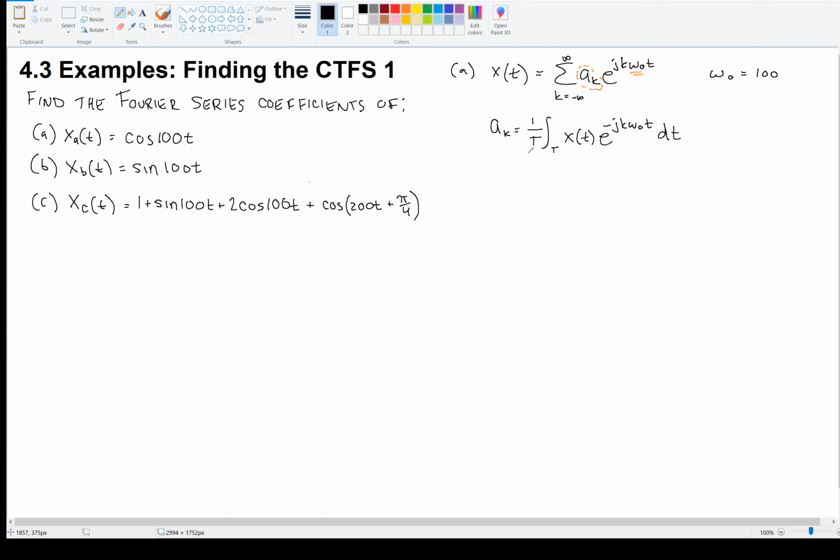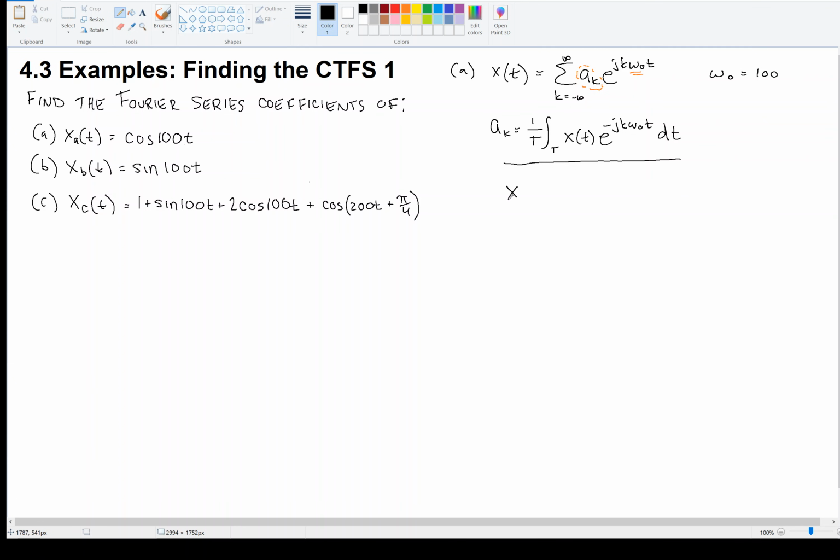And we could use this equation, but for cosines and sines, this equation is not necessary. That is because, remember, the goal is just to write our function in terms of complex exponentials. And we can actually just use Euler when we're dealing with sines and cosines to break it down very quickly into complex exponentials.